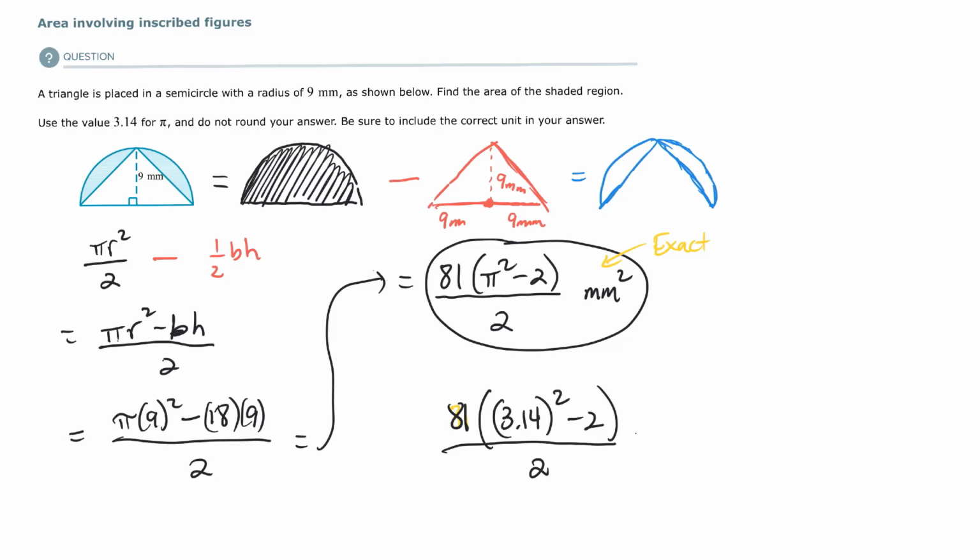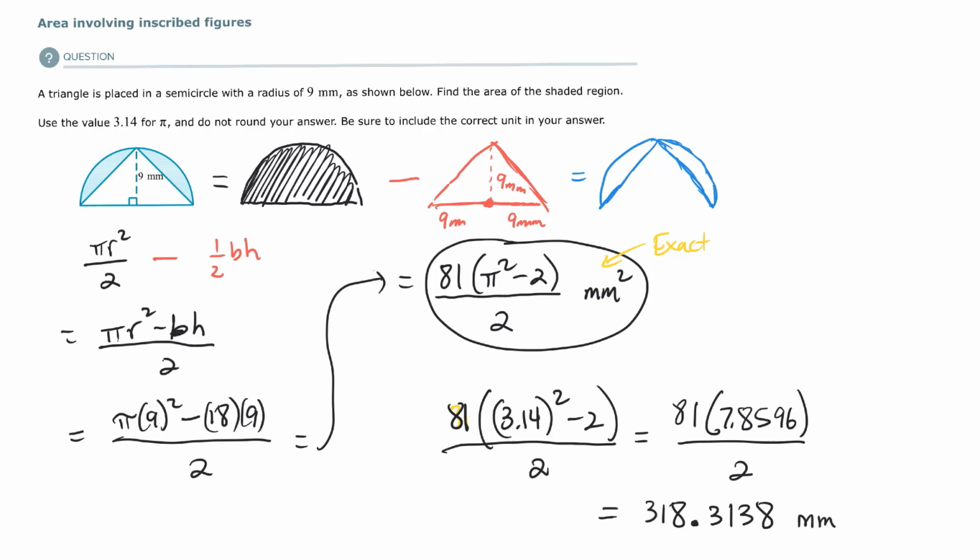And you should get 81 times 0.7859, and then divide it by 2. Let's see what that expression looks like. You get this number here, 318.3138. And once again, make sure you put the units. In this case, square millimeters, and then circle your answer.